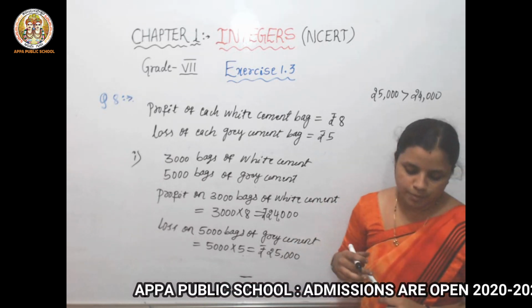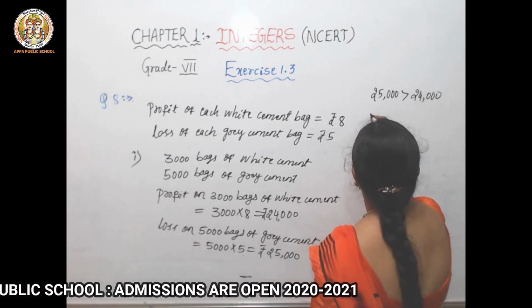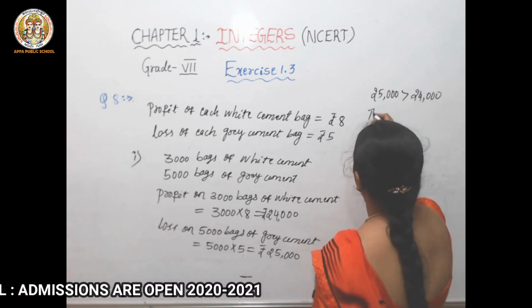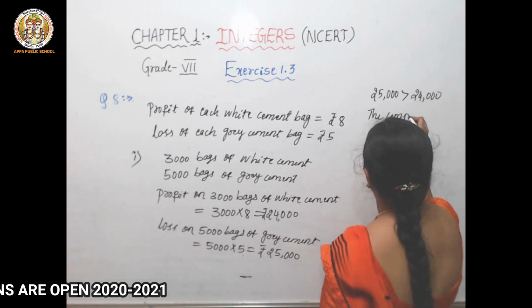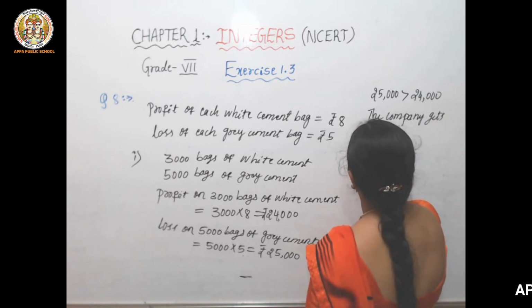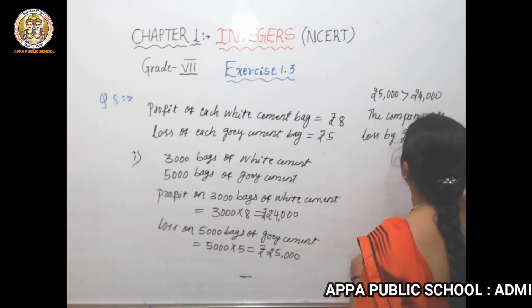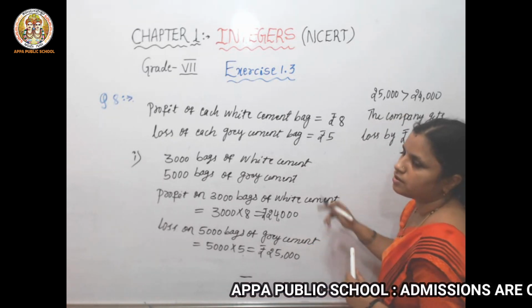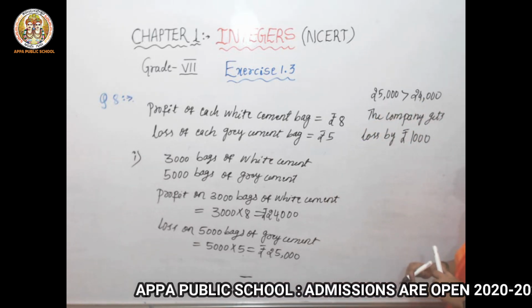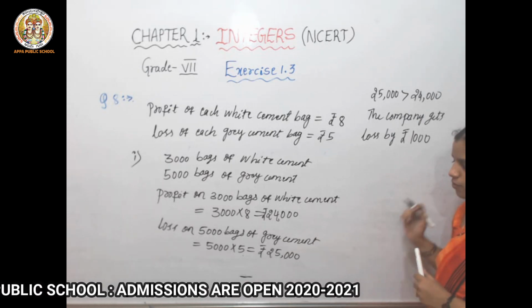So the company gets a loss of rupees 1000. Why is it 1000? 25,000 minus 24,000 is 1000.